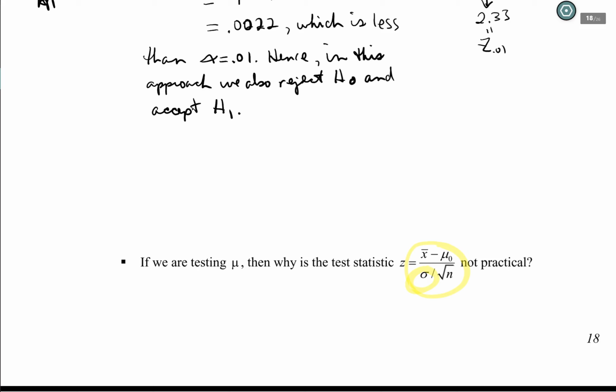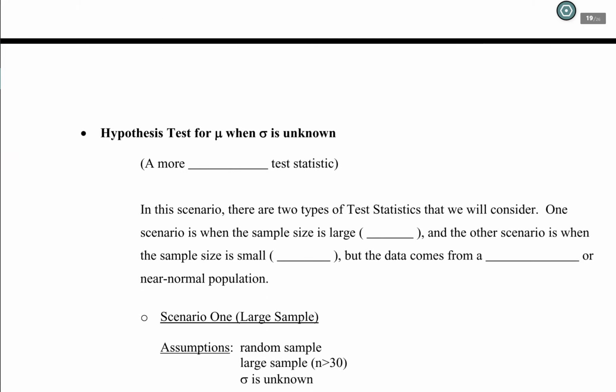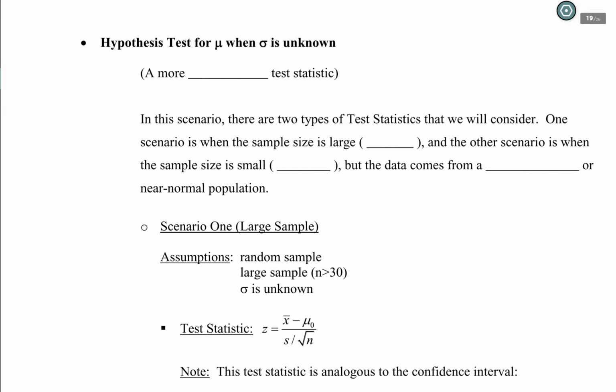So we need an approach that's more practical. And you're probably thinking, well, I know that approach. Yeah, let's just replace sigma with the sample standard deviation S, and we're going to do that as we move to this next section here, a hypothesis test for mu when sigma is unknown, a more practical situation test statistic. But that'll be for the next video.